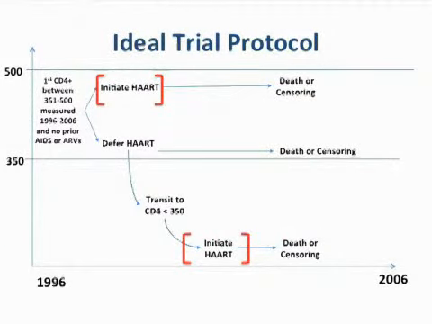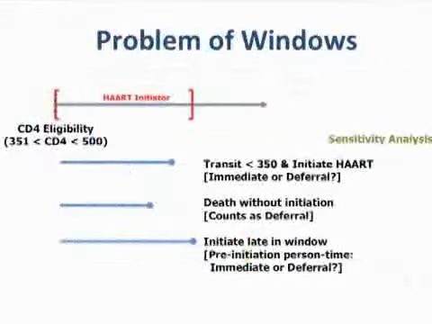And if you don't initiate in this time frame, then you're in the deferral group. Right? So pictorially, we come back to this picture, and so we're defining a window of time. So if you don't initiate in this particular window, we call you deferral. And what we expect to see is that if you defer, you transit, you have to initiate within a particular window after you transit.